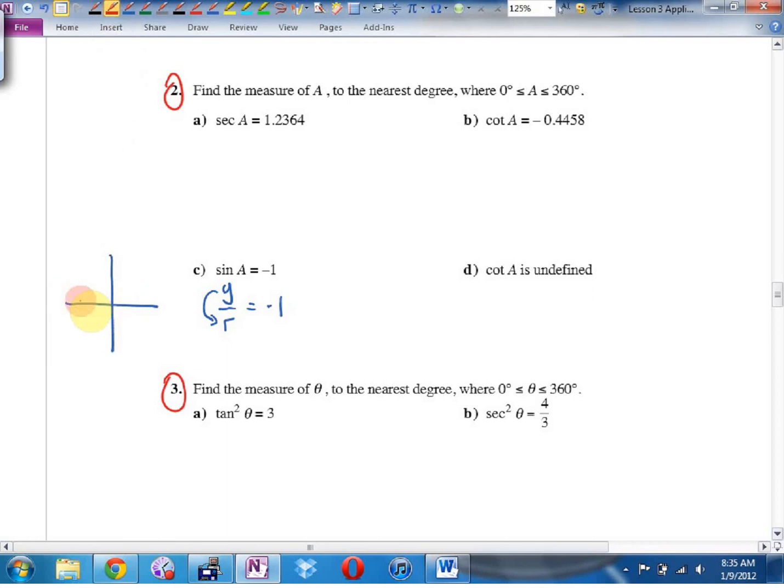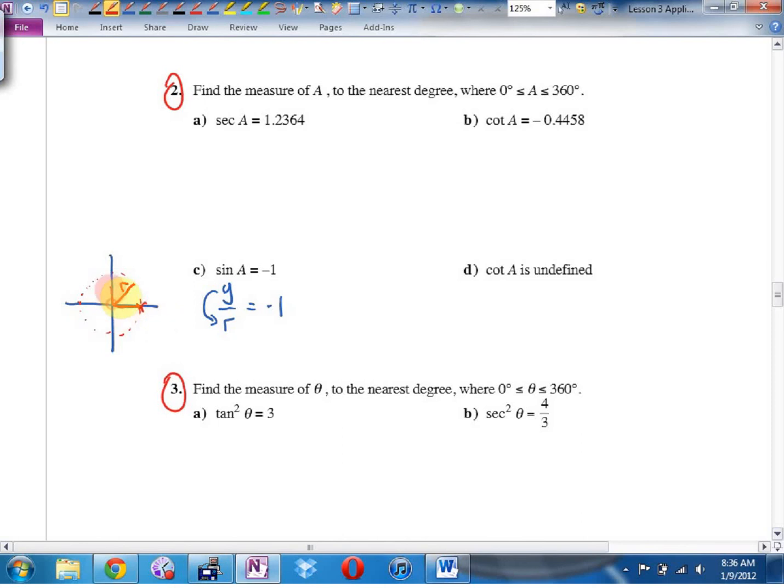Here's my circle. Yes? And we called this distance here r, the radius, as we go around the circle. Right here, the x value is the same as r.